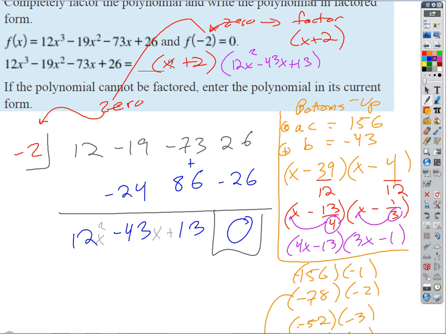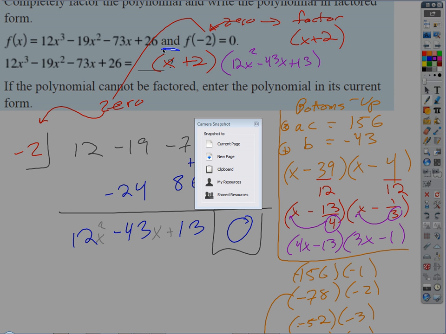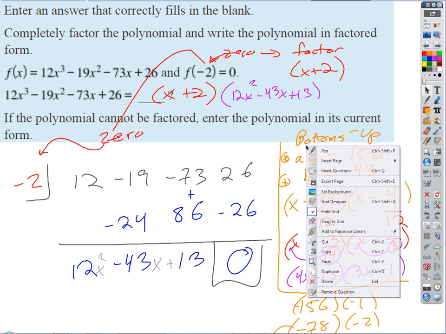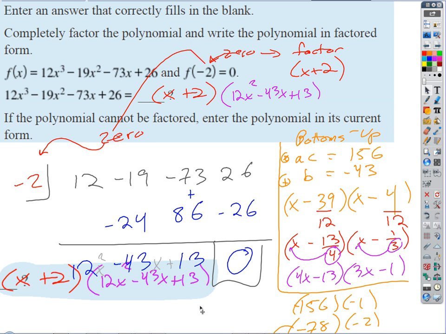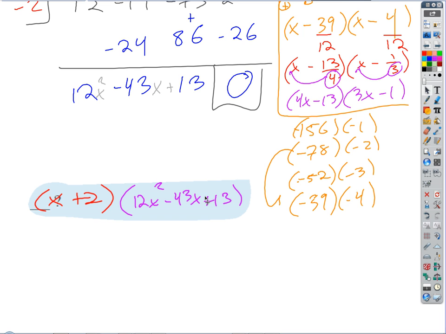So our final answer then would just look like, let's do this. So we left off there. So what does that break down into further?